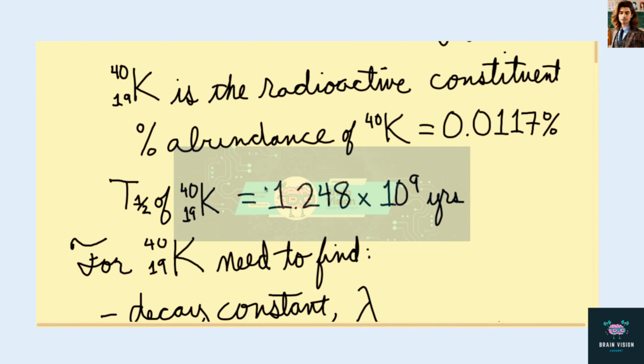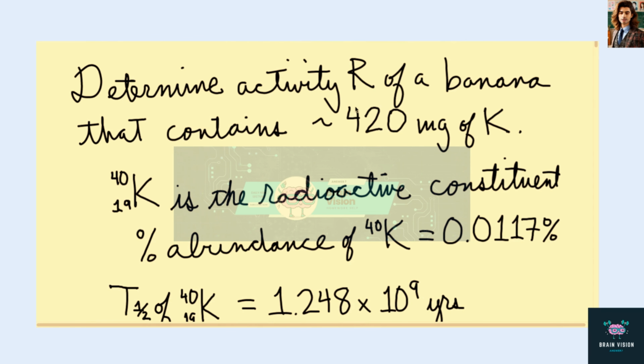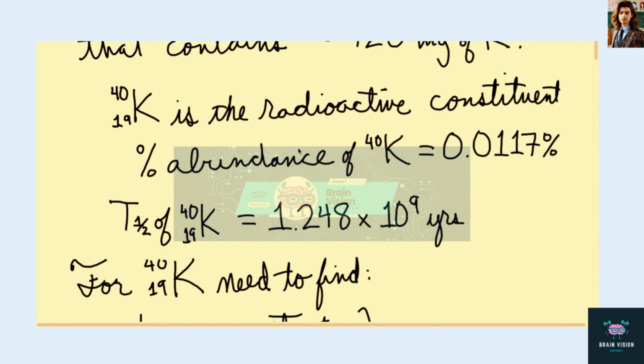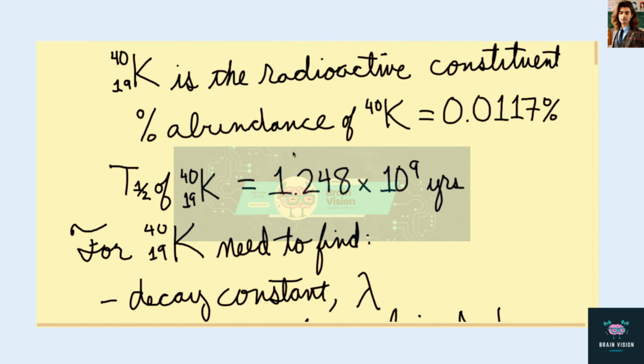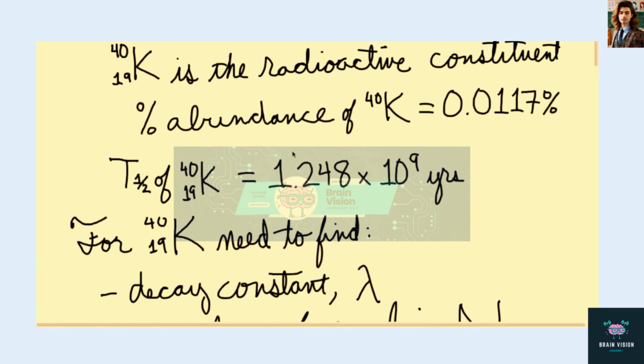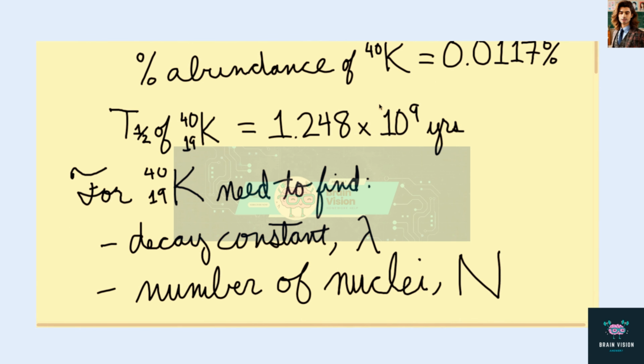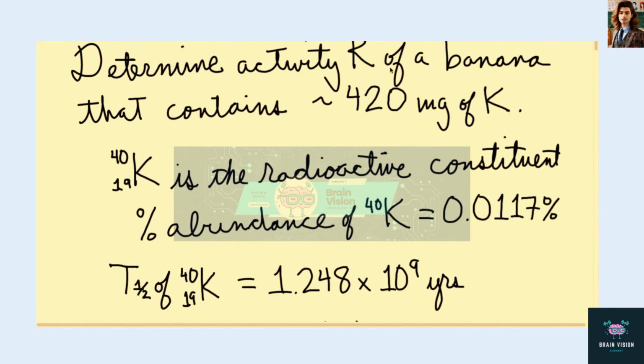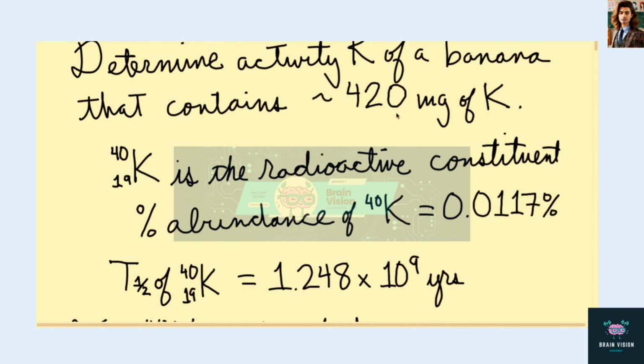So in order to find the radioactivity of the banana, we will need to first find the decay constant given this half-life. We will also need to find the number of nuclei of potassium 40 that is present in 420 milligrams.